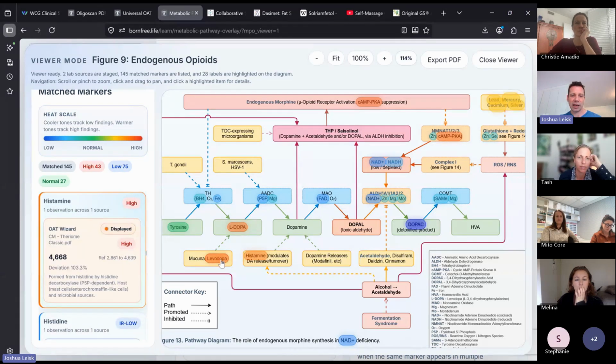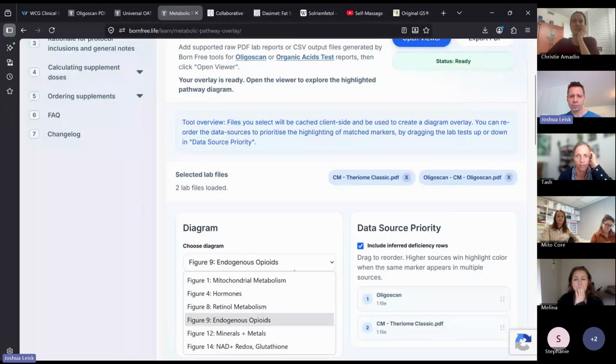We can see that histamine, for example, is quite high, so that's going to be dysregulating some of the dopamine metabolism depending on the cell context. But we can see that ultimately there is a dysregulation in this dopamine pathway, and if we were then to look at the other causes for this, we'd find this elsewhere. So I'm going to just jump out of that. There's a lot more on that topic to look at.